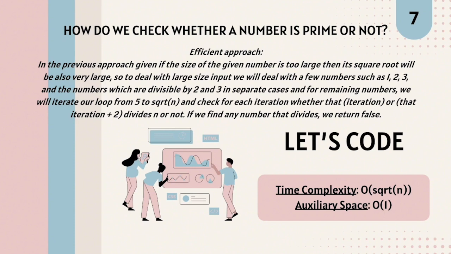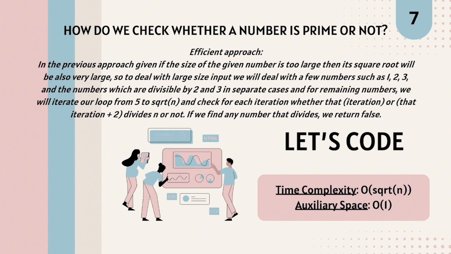To deal with the large size input, we have to deal with fewer numbers like 1, 2, 3 and numbers which are divisible by 2 and 3 in a separate case. So we are taking the 2 and 3 cases out and we will iterate the loop from 5 to square root of n. And we are checking whether it divides n or not.